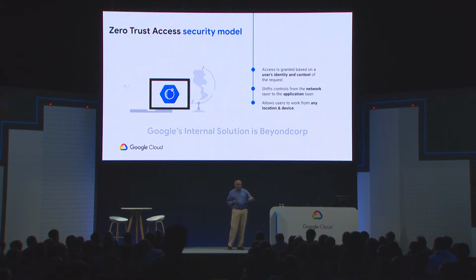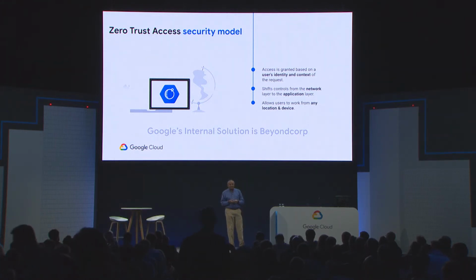Have they been phished? Has their device got malware? Are they in my country? Let's say it's a country rule saying you can only access it from inside the country. In that context, you should be able to make a decision for that application way up the stack, not at opening ports and firewalls and things along those lines. That's what we really want. And this is what basically zero trust access is about.